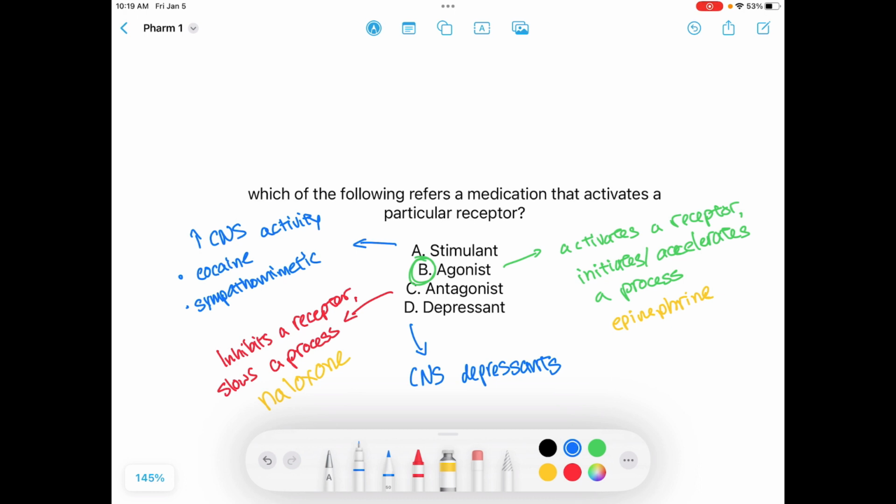Cocaine, methamphetamines, ADHD medications like Adderall, those all have stimulatory properties, or are CNS stimulants, if you will. Again, a little bit subjective, but more importantly, know what an agonist and what antagonist means. If you know that, you should be okay for the test.